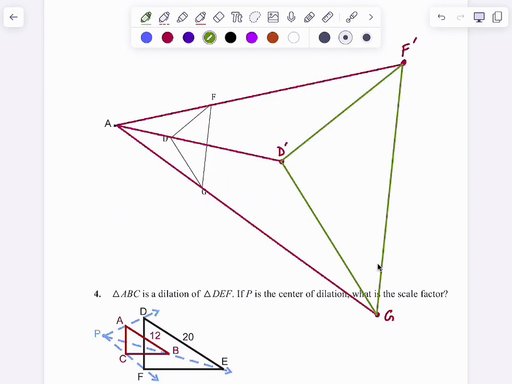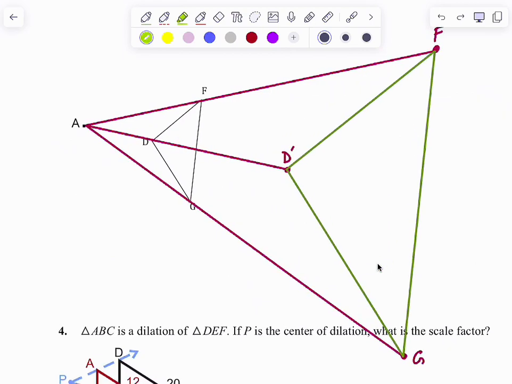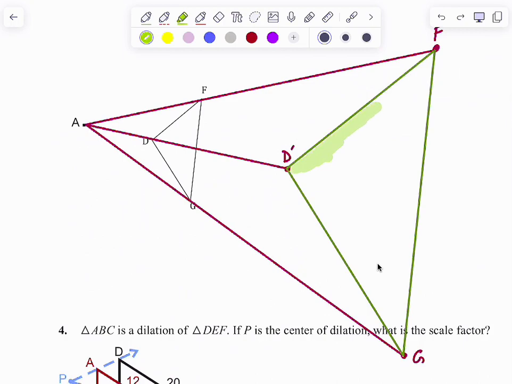And that new triangle is triangle DFG. I was going to color it in, so I'll color it in, why not, while people are working. There's no real need to color it in. Something to do while people are finishing.